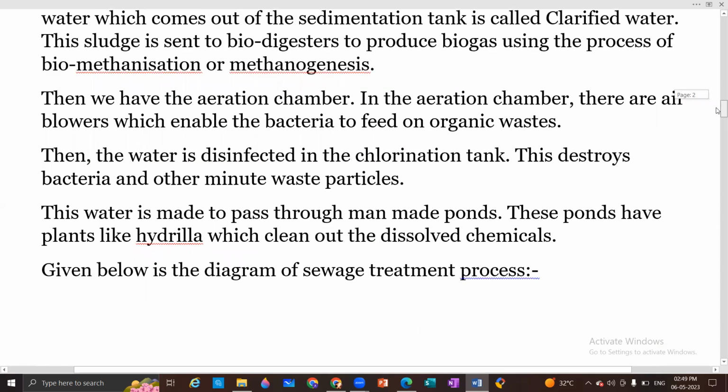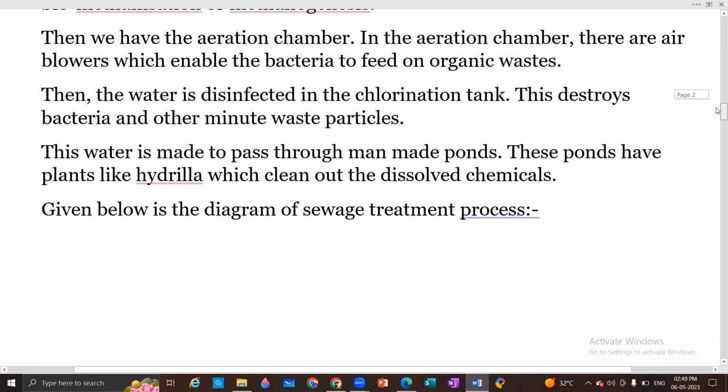Then we have the aeration chamber. In this chamber, there are air blowers which enable bacteria to feed on organic wastes. Then the water is disinfected in the chlorination tank because chlorine is added, which helps in the destruction of bacteria and other microorganisms and waste particles, which we will come across later.